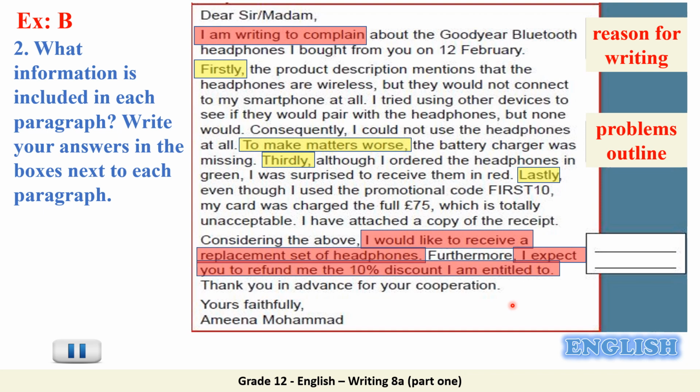I expect you to refund me the 10% discount I am entitled to. So, what kind of information is included in the third paragraph? Super. We have the actions to be taken. We have the demands of the writer, the person who is complaining.